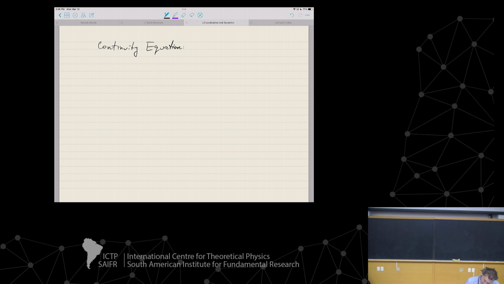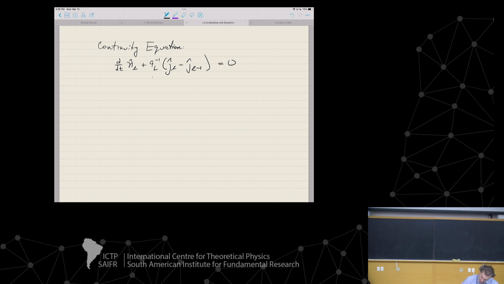It's that the time derivative of the local occupation plus the current at site l minus the current at, I think it's site l minus 1, and there's a mistake in my notes, is equal to 0.